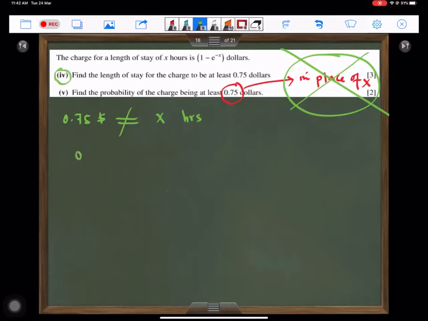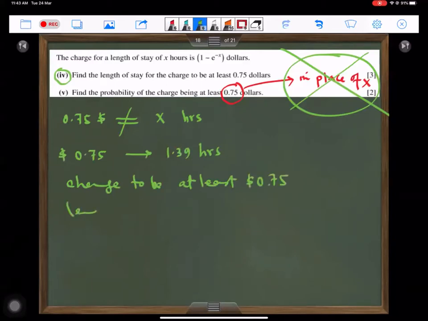We know that $0.75 corresponds to 1.39 hours. That means the charge to be at least $0.75 means the length of stay to be at least 1.39 hours.